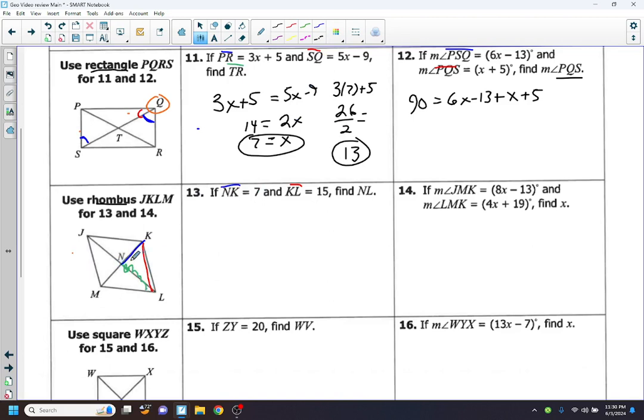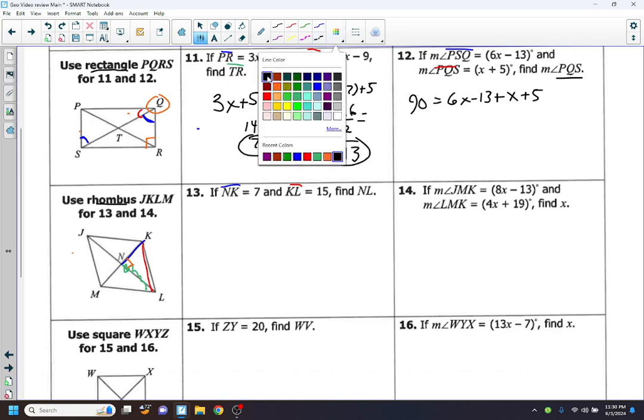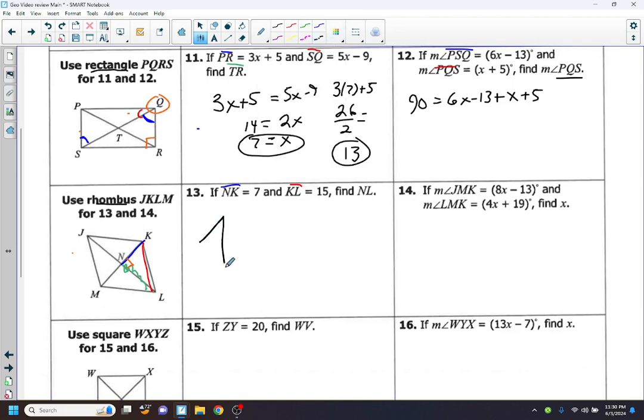You need to know that in a rhombus, the middle is 90 degrees, while in a rectangle, the sides are 90 degrees. So once I see it's a 90-degree triangle, there's a right angle. If I know this is 7 and this is 15, I have to do a little Pythagorean theorem to find x. So 7 squared plus x squared equals 15 squared. You can do the math. Next one.